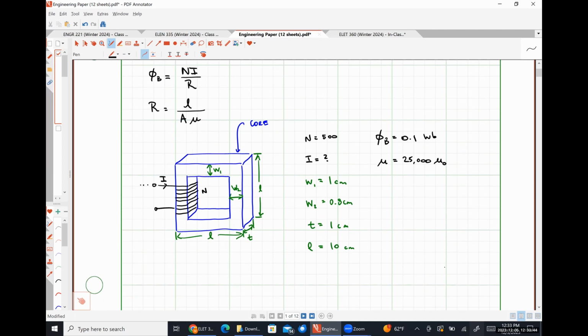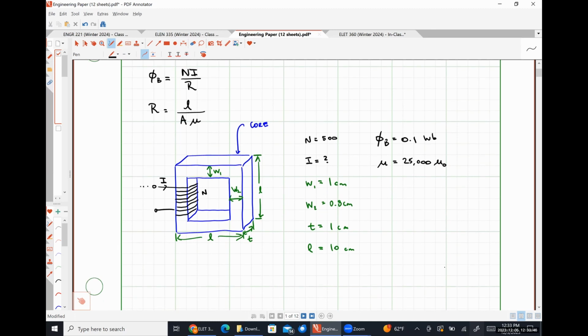So we're going to use this example to kind of illustrate the concept of an equivalent magnetic circuit for this thing.